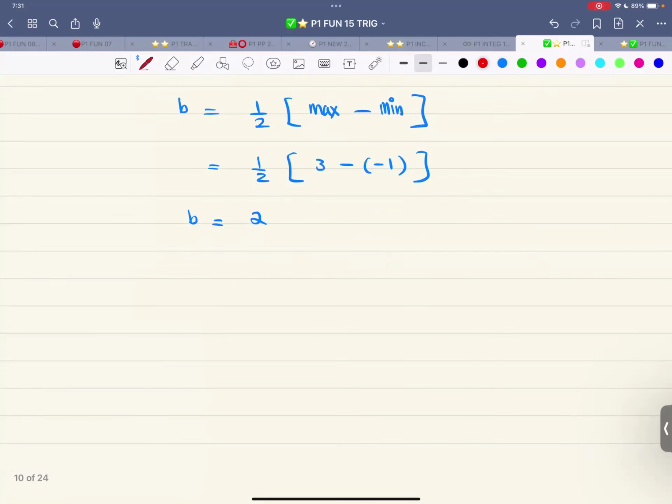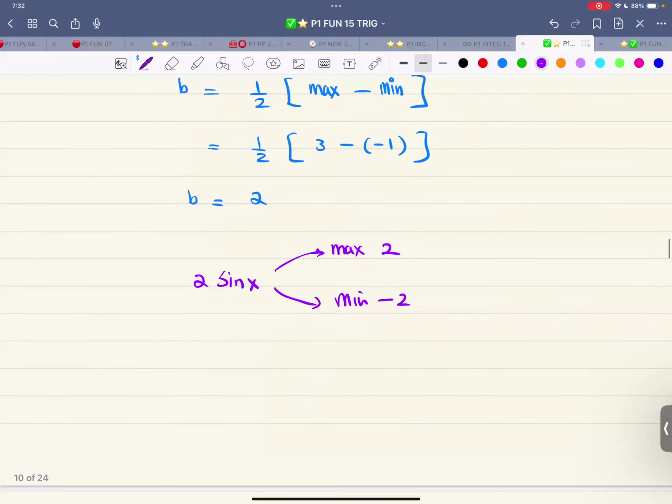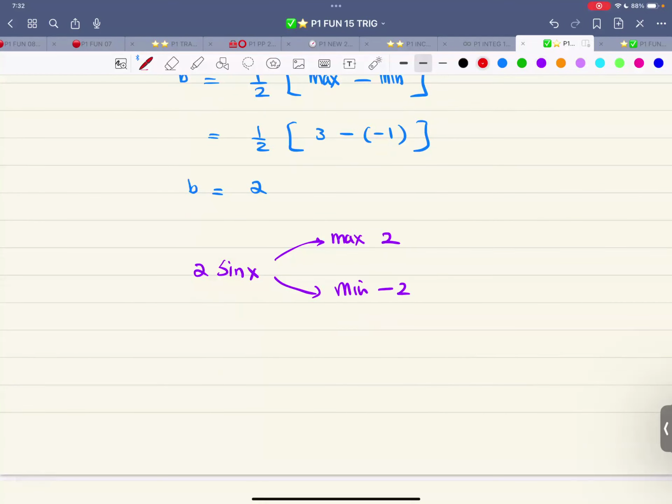That means the function is basically 2 sine x. So the function is 2 sine x. The maximum value should have been 2. The minimum value should have been negative 2. But when we have 2 sine x plus a, the maximum is 3 and the minimum is negative 1.